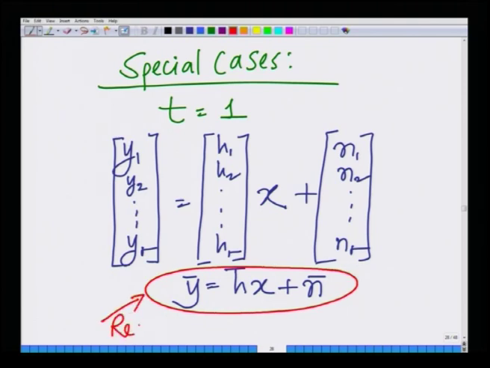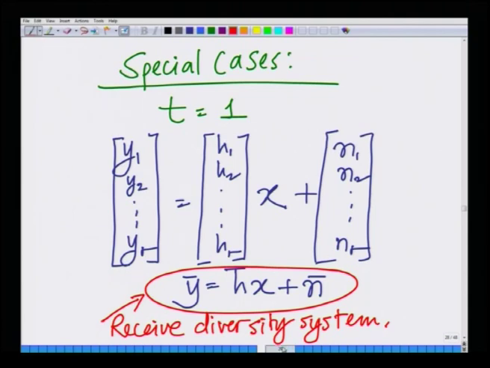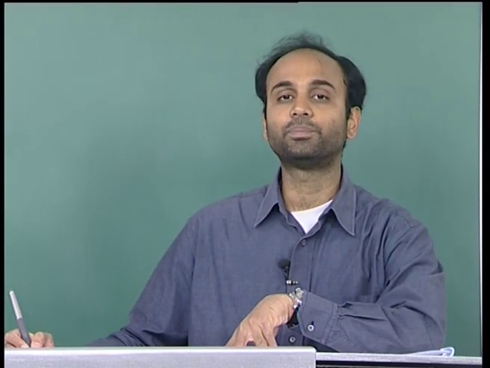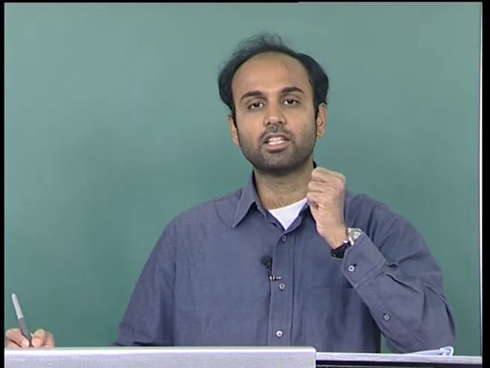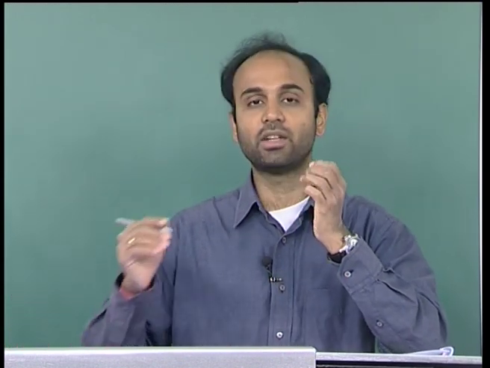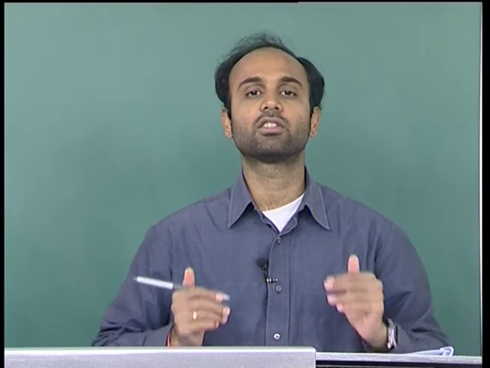This is a receive diversity system, and in the context of MIMO, I am transmitting a single symbol and receiving R symbols across the R receive antennas.